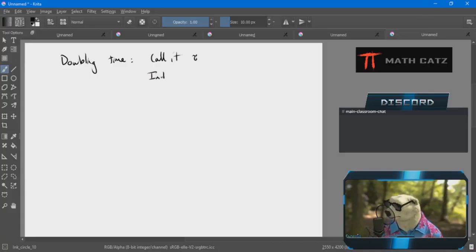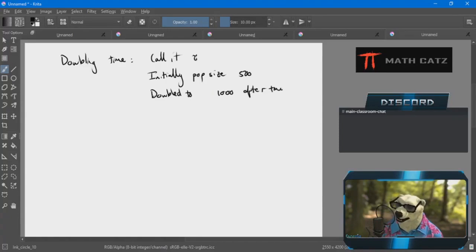So initially, we have the population size is, let's say here, 500. Then it doubled to 1,000 after time tau. In this case, it was 6 months, but it might not be, right?